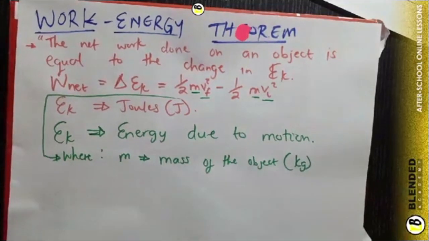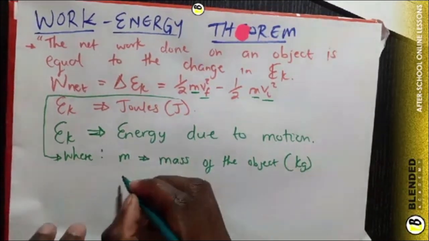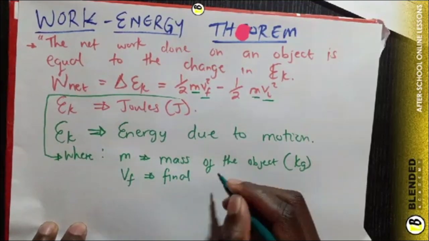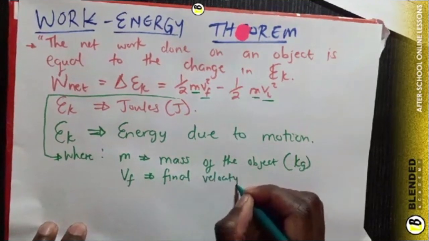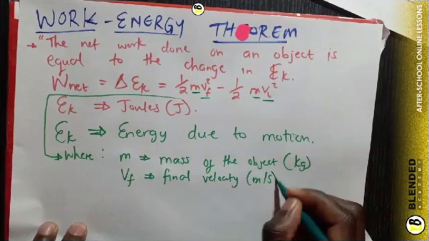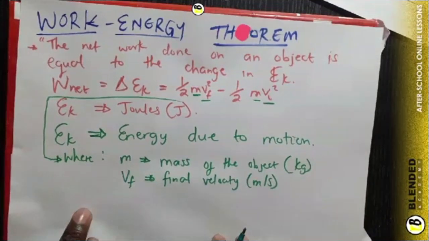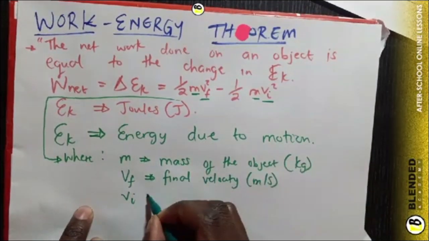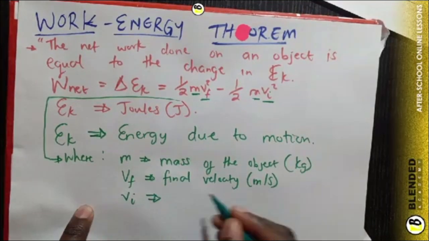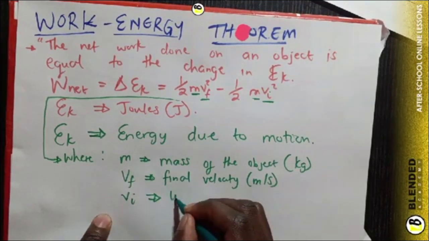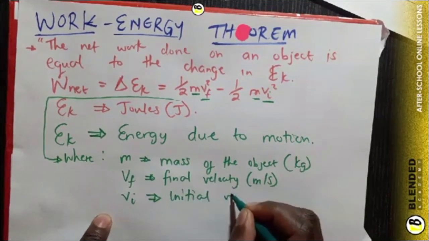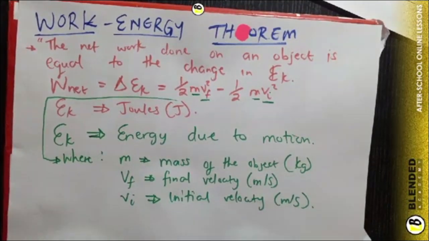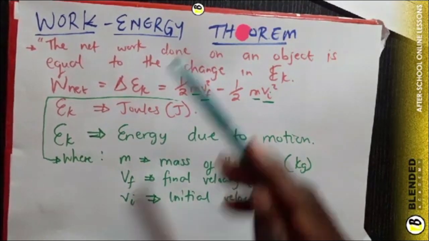Vf is the final velocity of the object, given in meters per second. And Vi is your initial velocity, also given in meters per second. Now this is the work energy theorem.